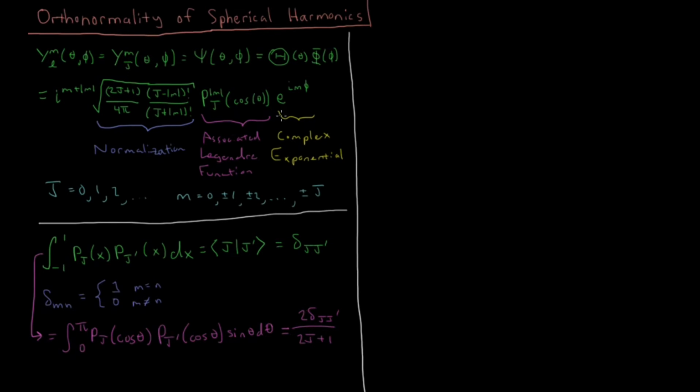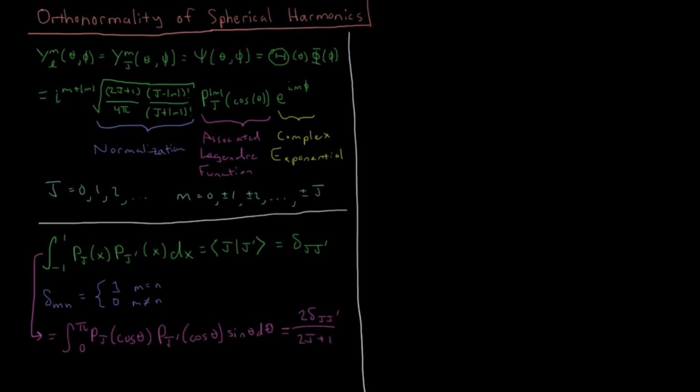And whenever we have this function here, we see that this part of the normalization, where we have this 2j plus 1 on top and a 2 on the bottom, comes from the fact that the integration of the Legendre functions, the associated Legendre functions, over this interval of theta gives us this factor here.